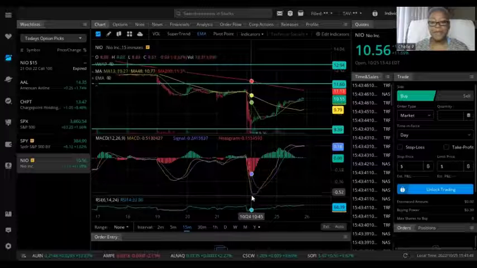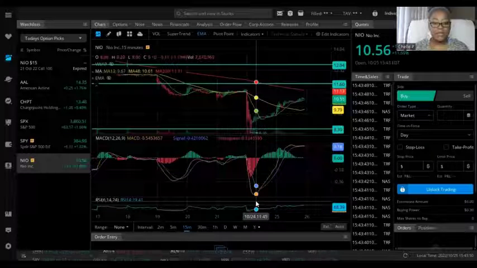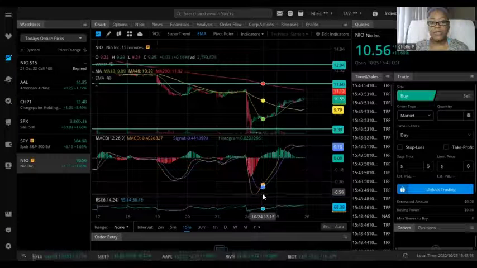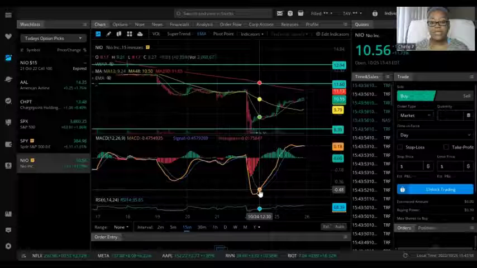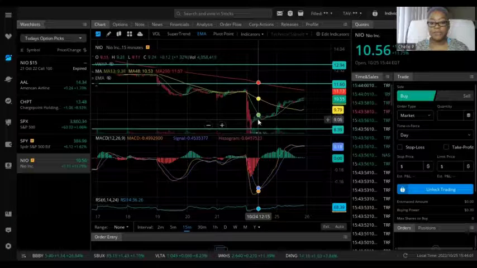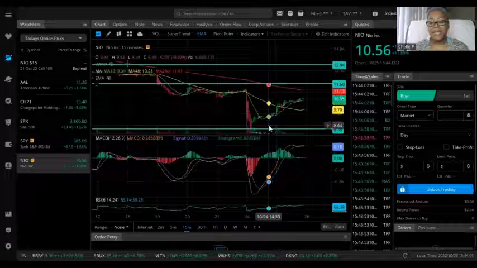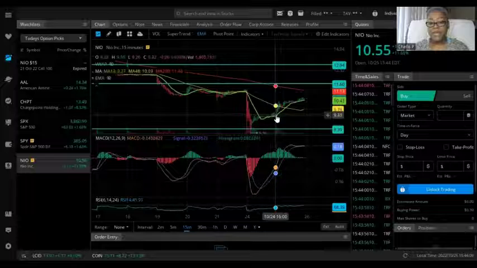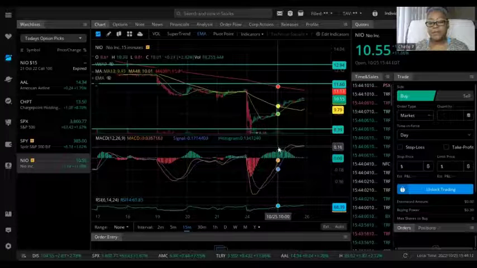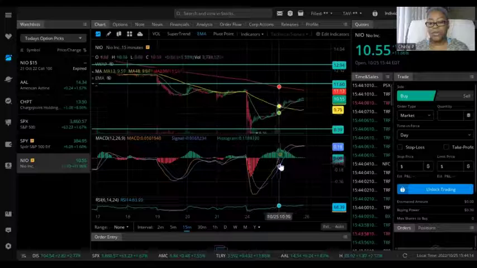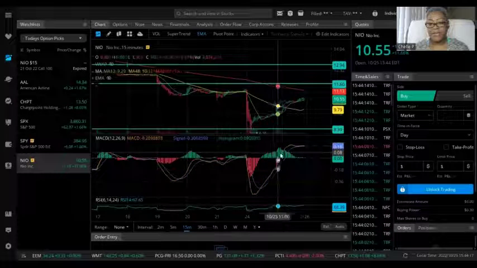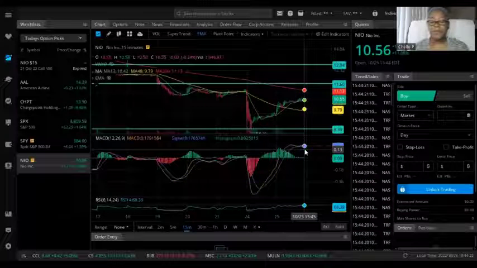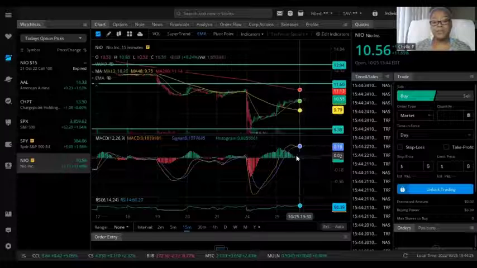Now, I noticed today, let's see here, make sure I got it on daily. All right, today this actually crossed up here, and you see when it crossed up, you started to see green. Okay, it was headed up, and you could use this in conjunction with your moving average. You have the 13 here, which is starting to cross over, as well as a histogram here that is color coded to show you when the stock is moving up, and when it could possibly be getting ready to move back down.